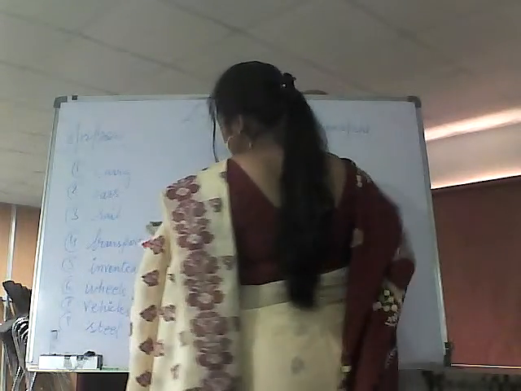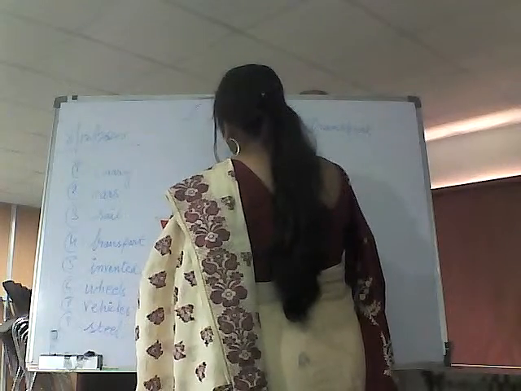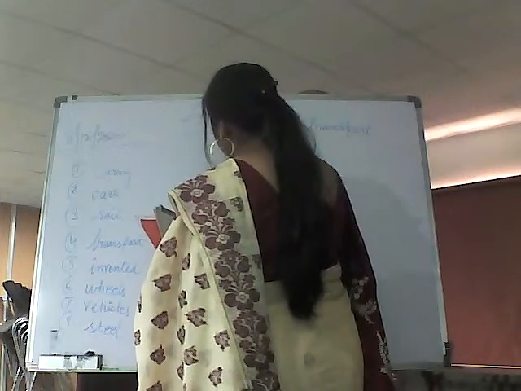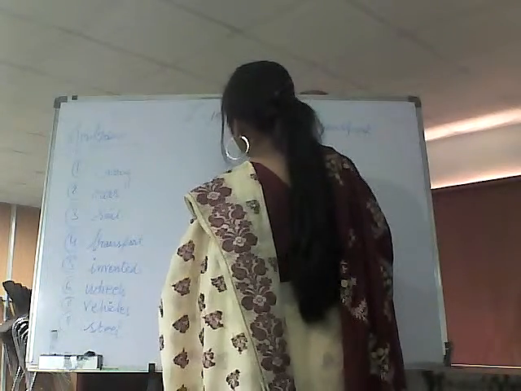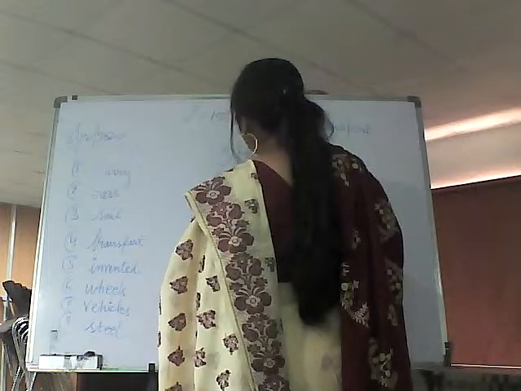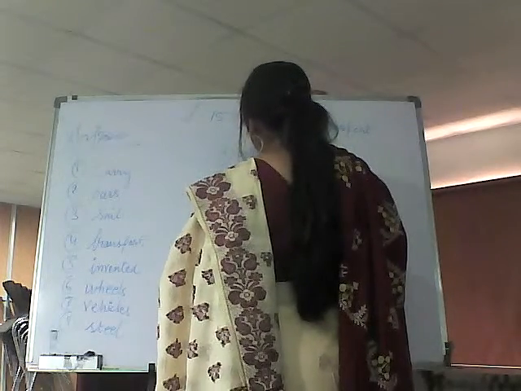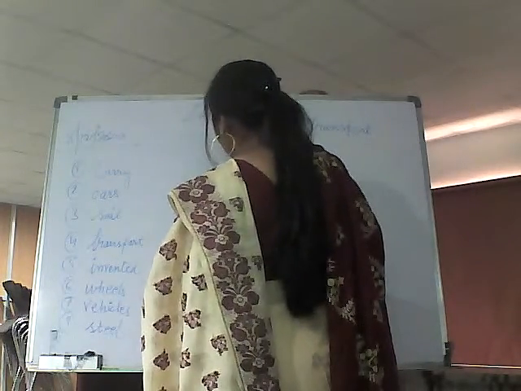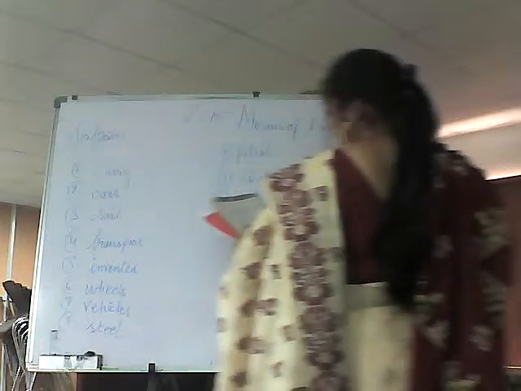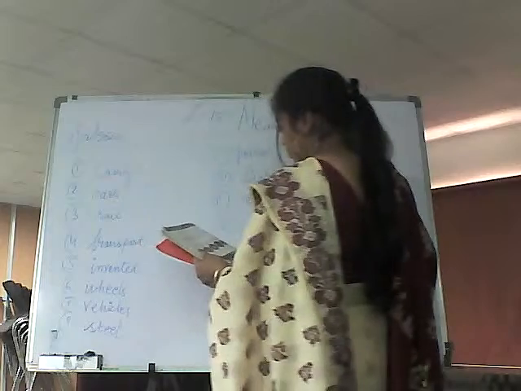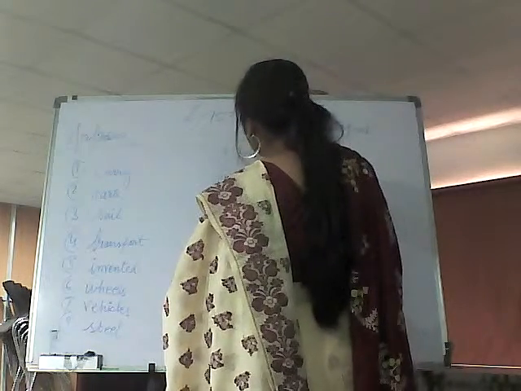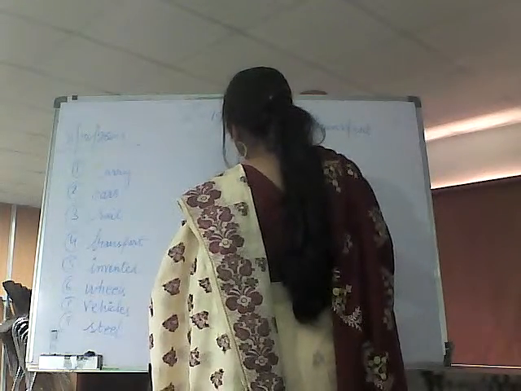Number 10 is diesel. Number 11, motor vehicles. Vehicles which moves on motor are called as motor vehicles. Diesel, D-I-E-S-E-L. All the spellings are there in your textbook, children.